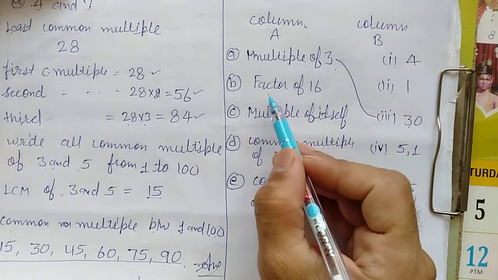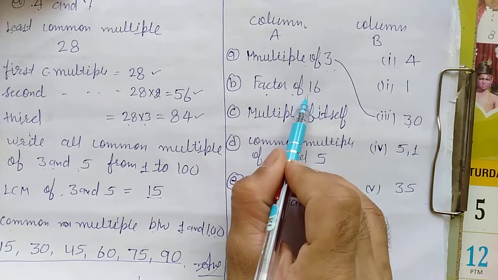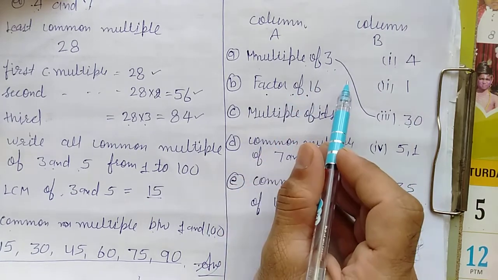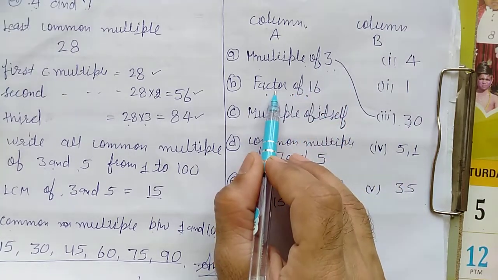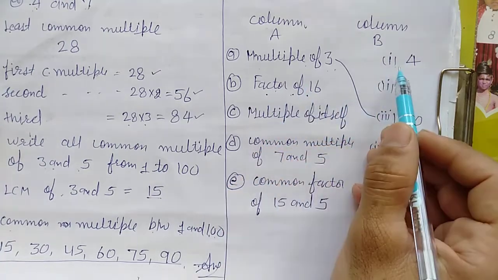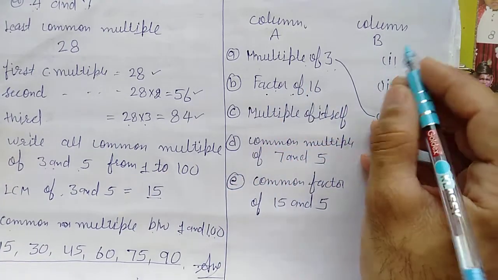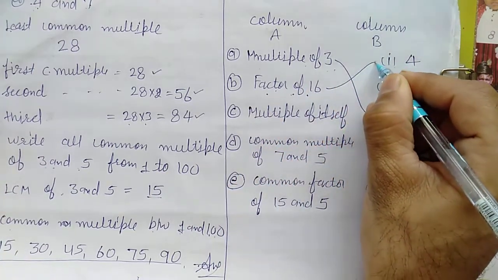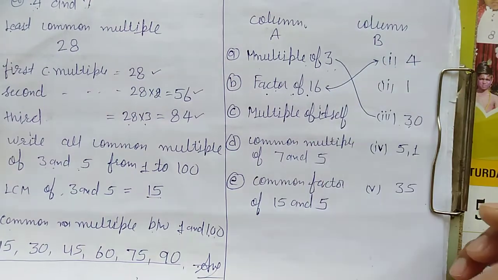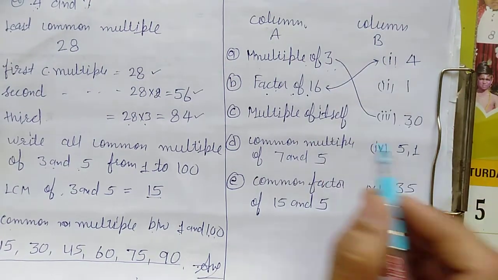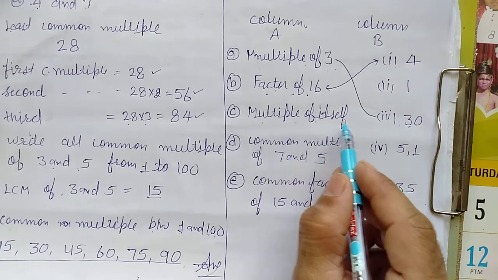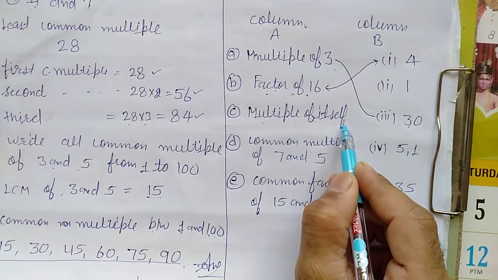Next one is factor of 16. Factor means a number which will divide it completely with 0 remainder, and this is coming in number 4. So this will match. The third one is multiple of itself. Which number is a multiple of itself?